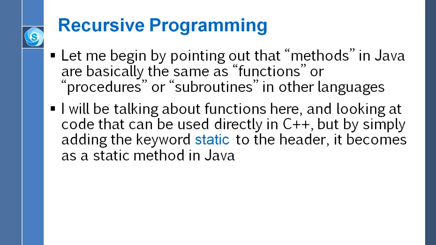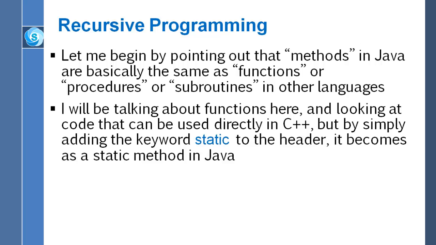The code that I'm going to present here in this section, basically I'll be speaking about functions. I'll be saying this is a function, etc. But the code, while it's immediately C++ code, all you have to do to turn it into Java code is put the keyword static in front of it, and then you'll have what Java people call a static method.